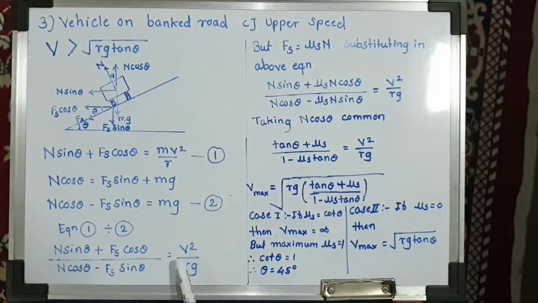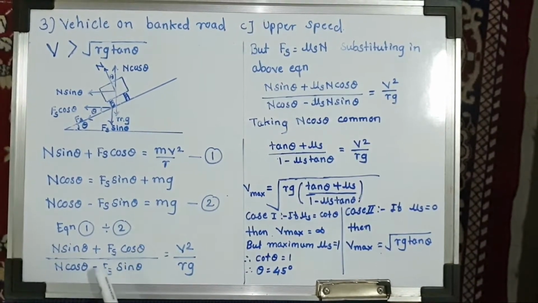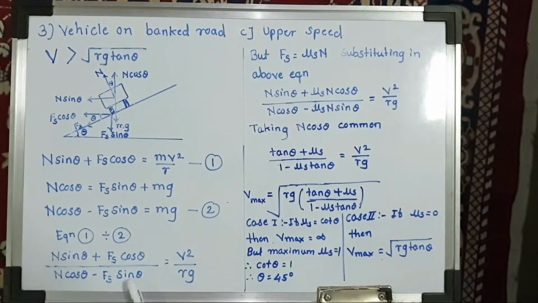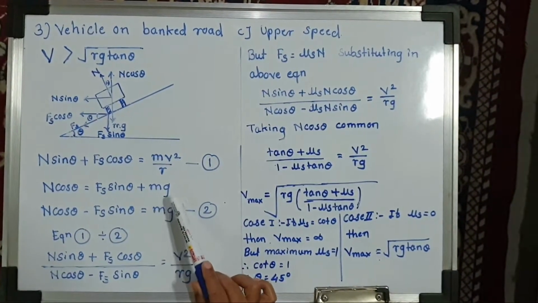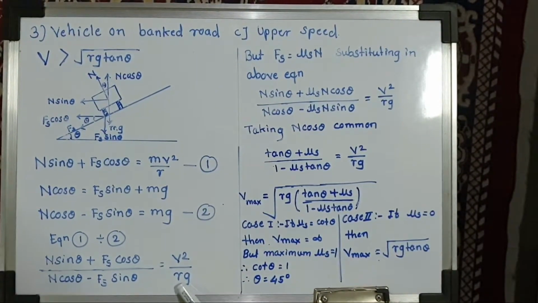Now, dividing equation 1 by equation 2, we get N sin theta plus fs cos theta divided by N cos theta minus fs sin theta equals, the m gets cancelled, v square upon rg.